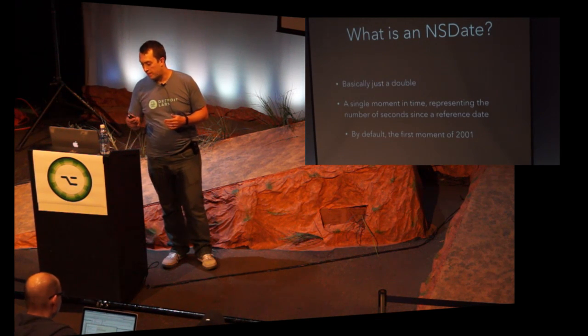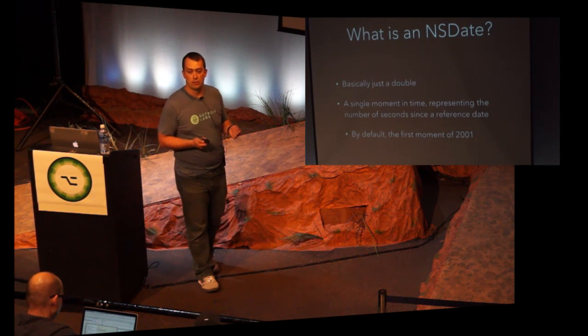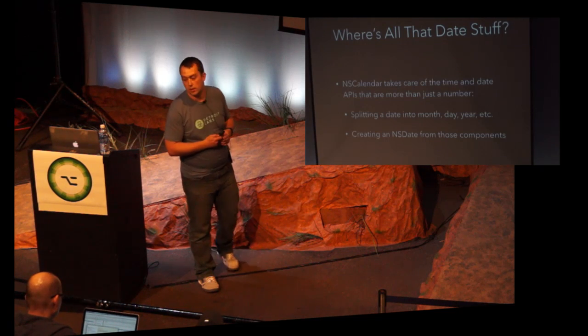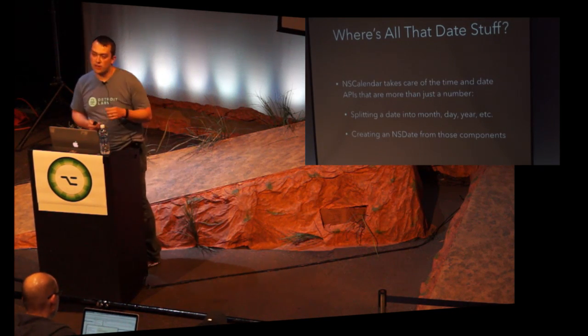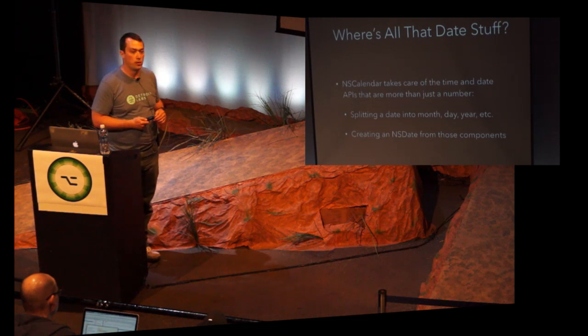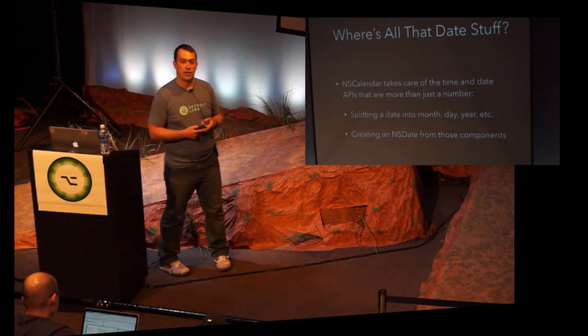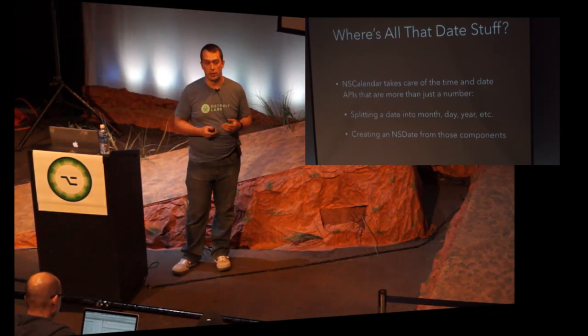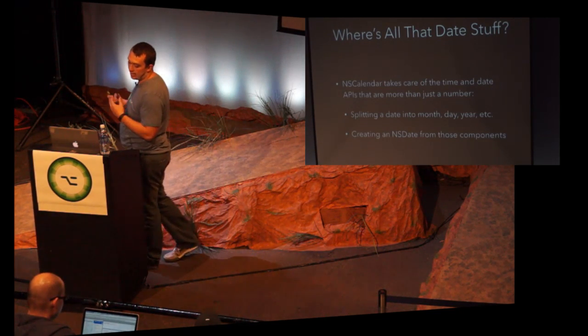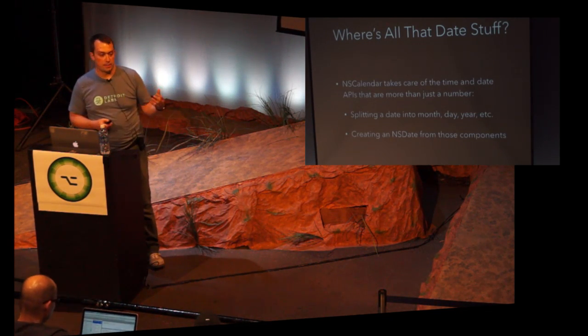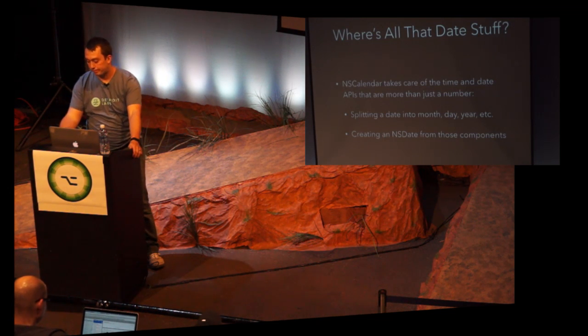So if all this stuff isn't in NSDate, where is it? First step is NSCalendar. And that takes care of all the stuff that's more than that. So splitting a date into the month and the day and the year. So the things that are actually on a calendar on the wall. It takes NSDates and creates them from those individual pieces.